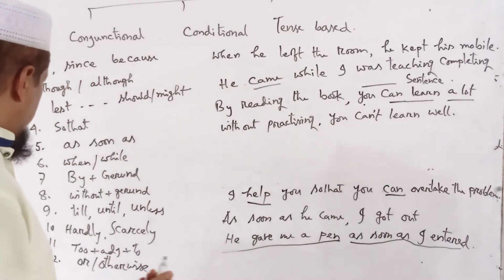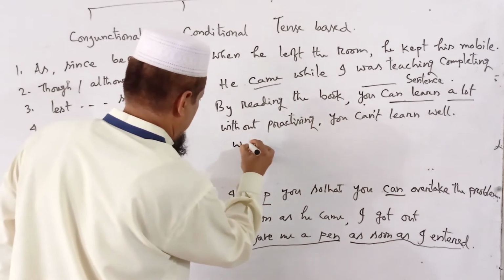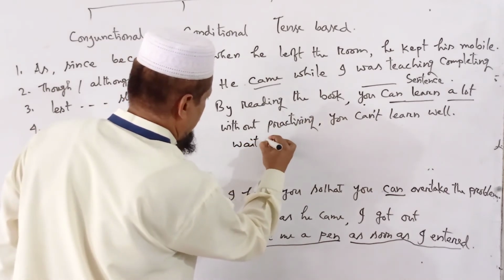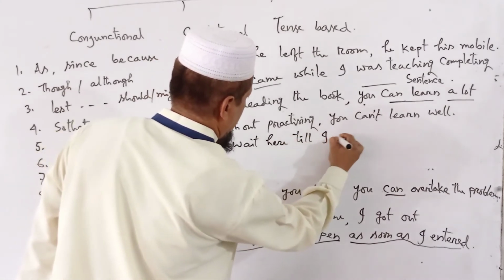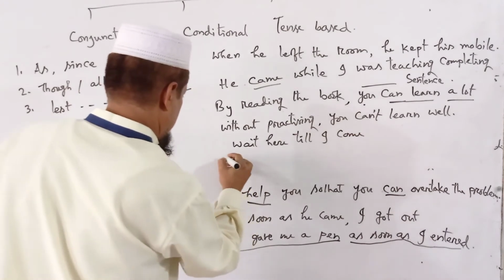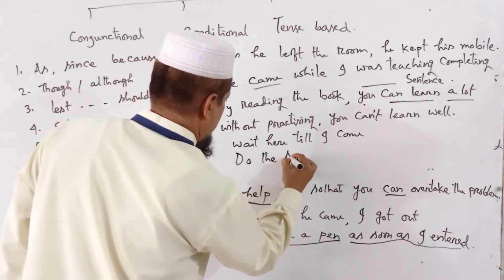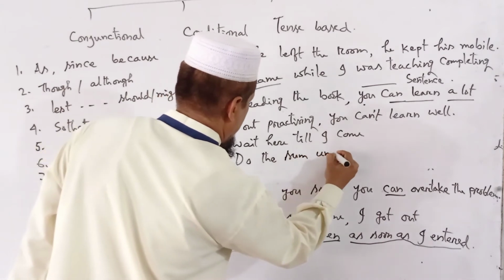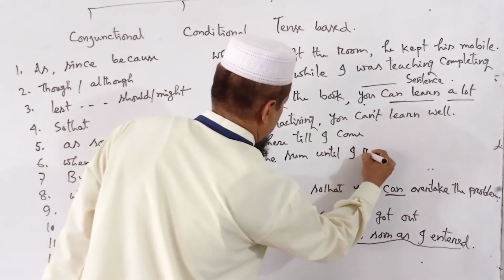Now come to number 9, till, until, unless. Wait here till I come. Do the sum until I return.